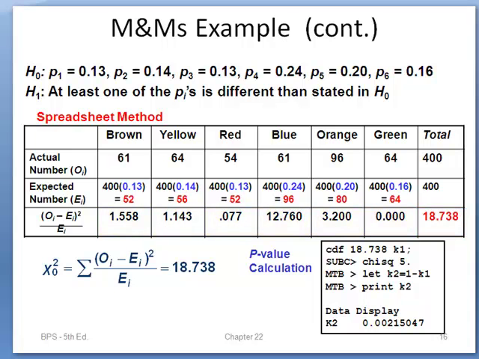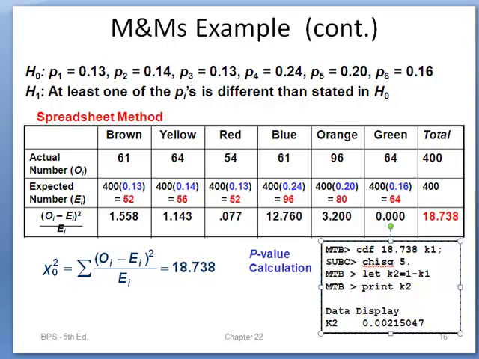So to do my p-value calculation, I go into Minitab, and I put CDF 18.738 K1. The subcommand is chi-square with 5 degrees of freedom because we have 6 categories. Degrees of freedom is 6 minus 1, or 5, and then the rest of the command, so we get that our p-value is 0.002. And if you notice on the first line, I added the MTB prompt.